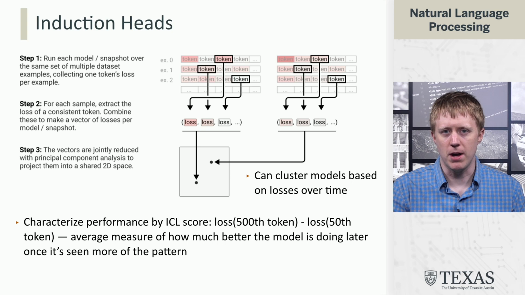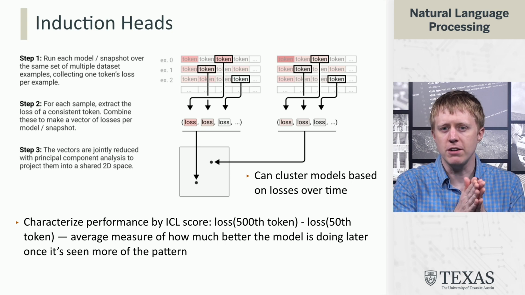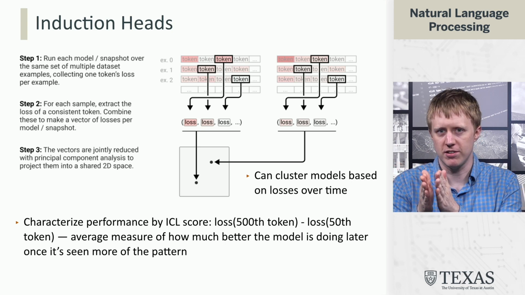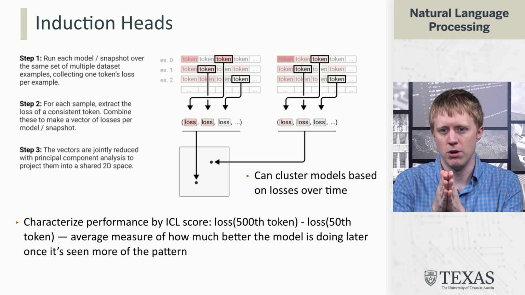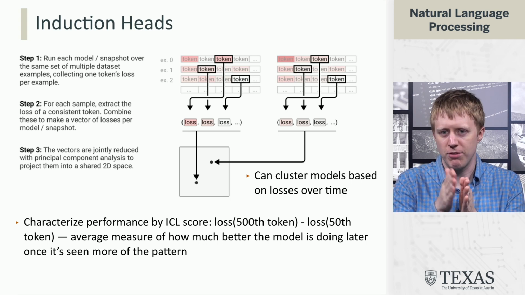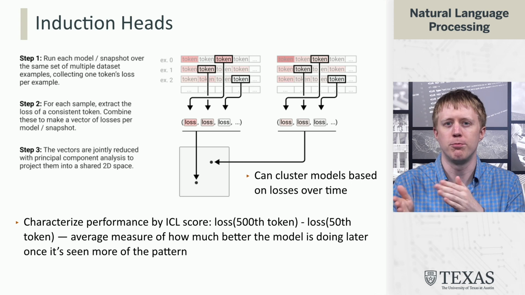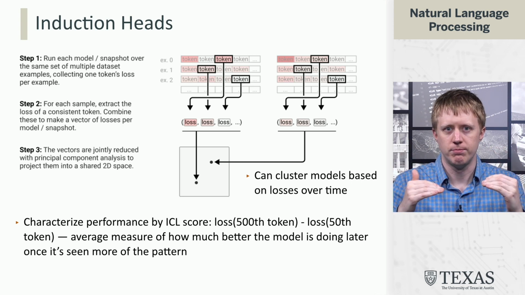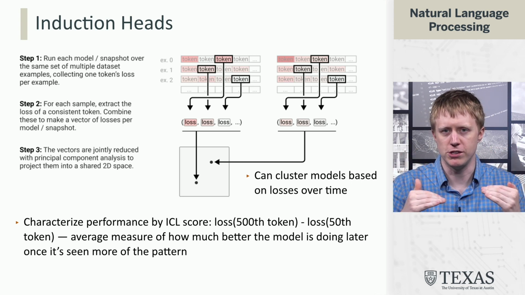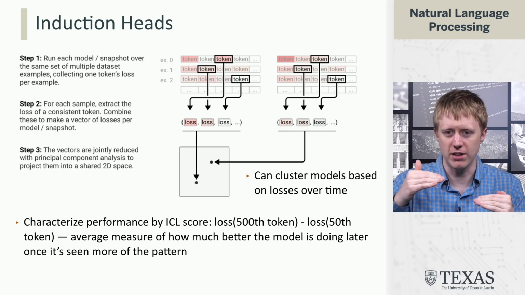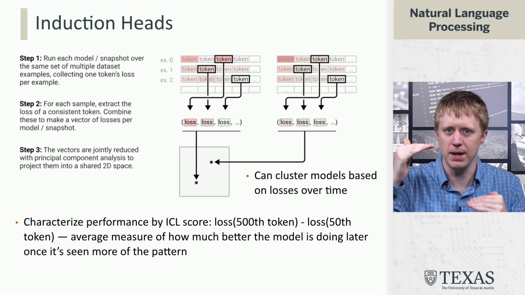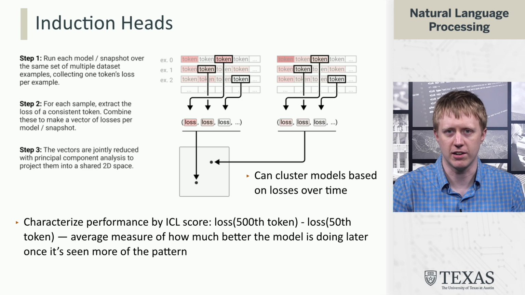That's the ability of a model to do a better job of modeling things later in a sequence because it recognizes that the stuff there is repeats of earlier stuff. If both of these losses go down, that just means the model's doing better in general. But if the loss of the 500th token goes down a lot and the 50th token only goes down a bit, that shows there's a lot of in-context learning happening.